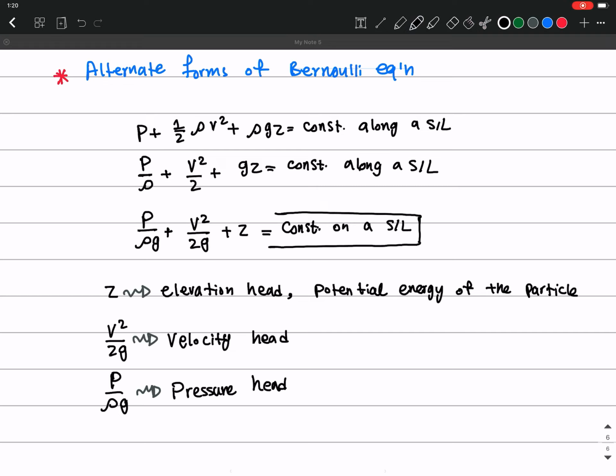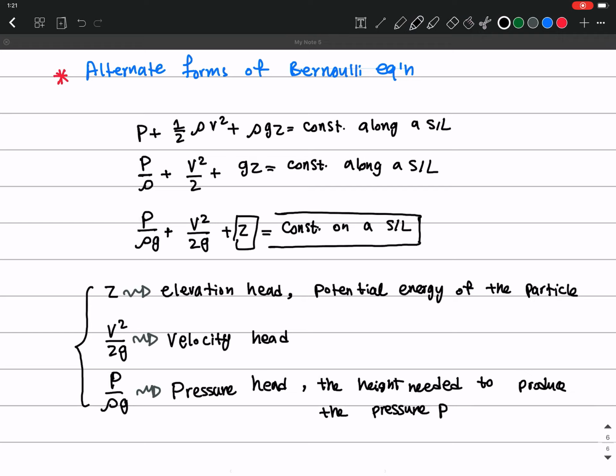So these are what we can call from this Bernoulli equation, which is the height needed to produce the pressure P. Okay, so this is the intuition of this Bernoulli equation.